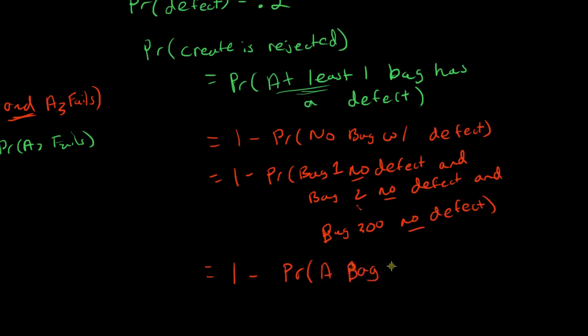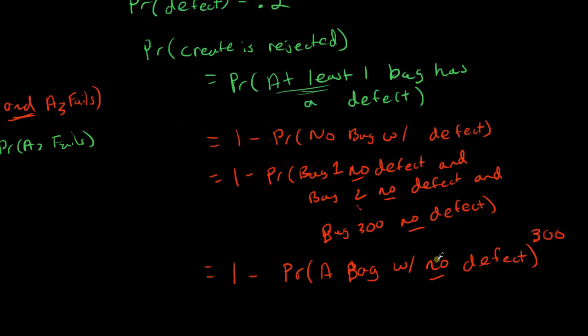So a bag without a defect, raised to the 300th power because I'm multiplying bag 1 times bag 2 times bag 3, etc., all the way to 300. Since they're all the same probability, I can just bring it to the 300th power.